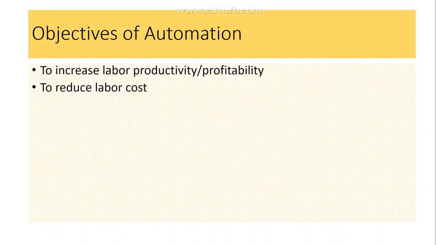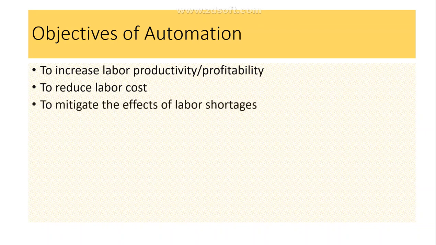When we have a high number of employees, every month we have to pay salary, bonus, and incentives, which adds to the cost per unit of manufacture. Automation is a one-time investment and a fixed asset for the organization, so it helps us reduce labor cost.